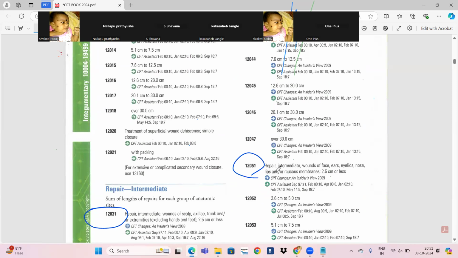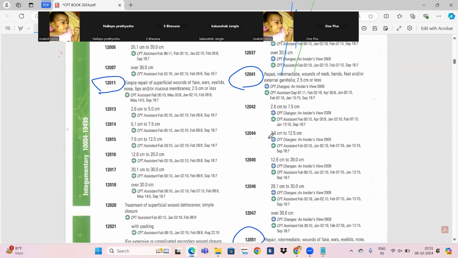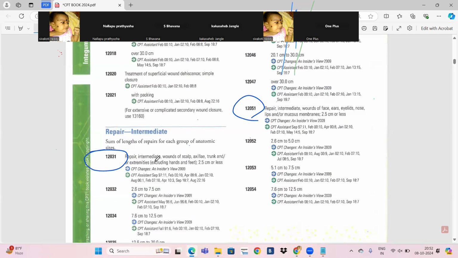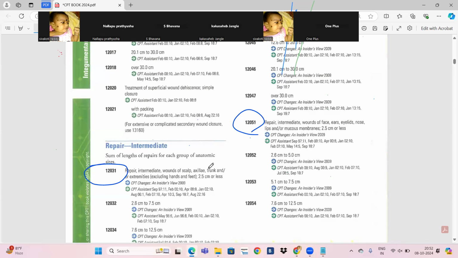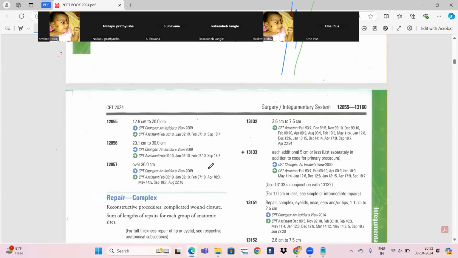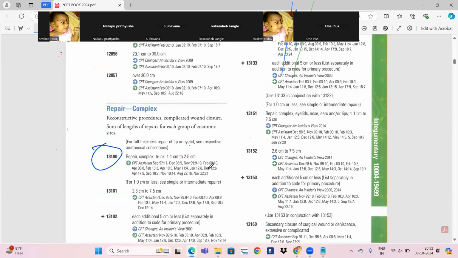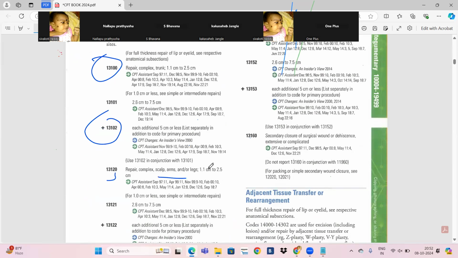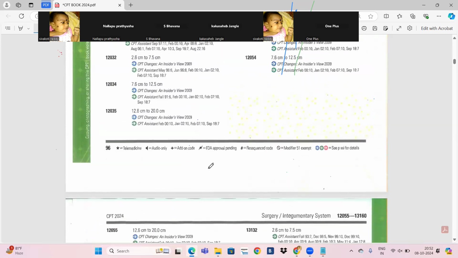Like 12051, intermediate wound: face, ear, eyelid, nose, lips. Then 12041: neck, hands, feet, external genitalia. Here, scalp, axilla, trunk, extremities excluding hands and feet, 2.5 centimeter. Depending on that, you need to check. Then complex also you will get here. Based on the size, length and location, you will get different codes.